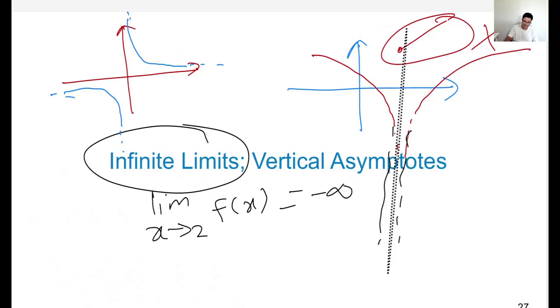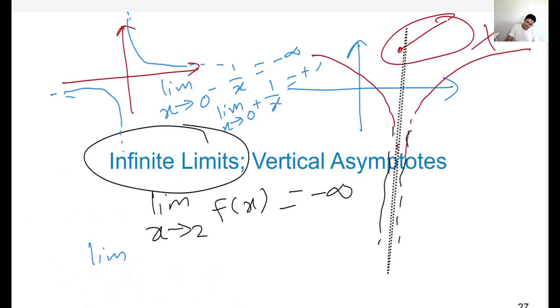As you can see, the limit as x approaches 0 from the left of 1 over x will be negative infinity. The limit as x approaches 0 from the right of 1 over x would be plus infinity.